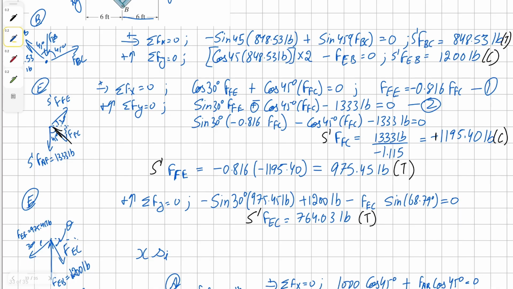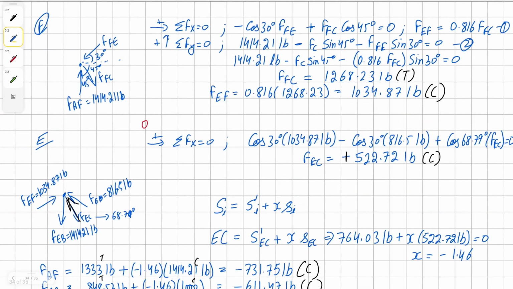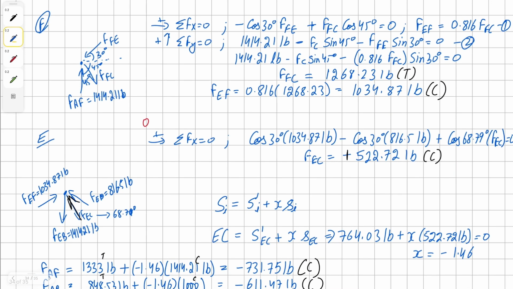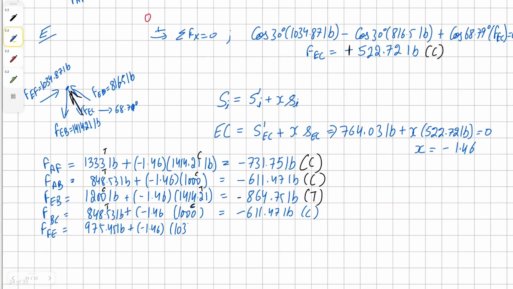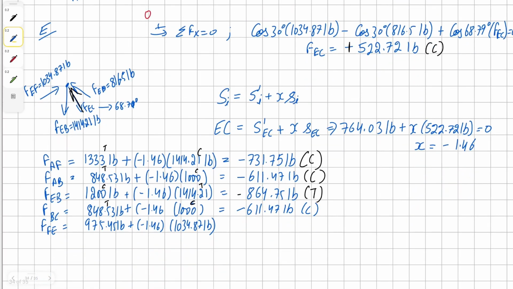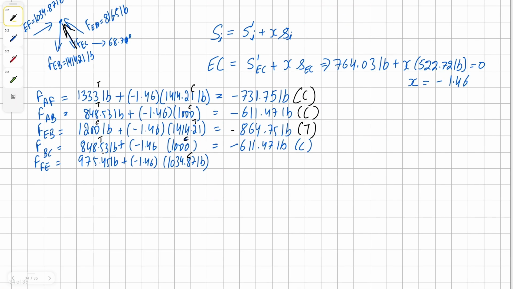So our S prime FE was 975.45 and the petite was 1034.87 pounds in compression. And 975 was in tension. All this we got a solution as negative 535.46 pounds. And once again, it's going to be in compression.